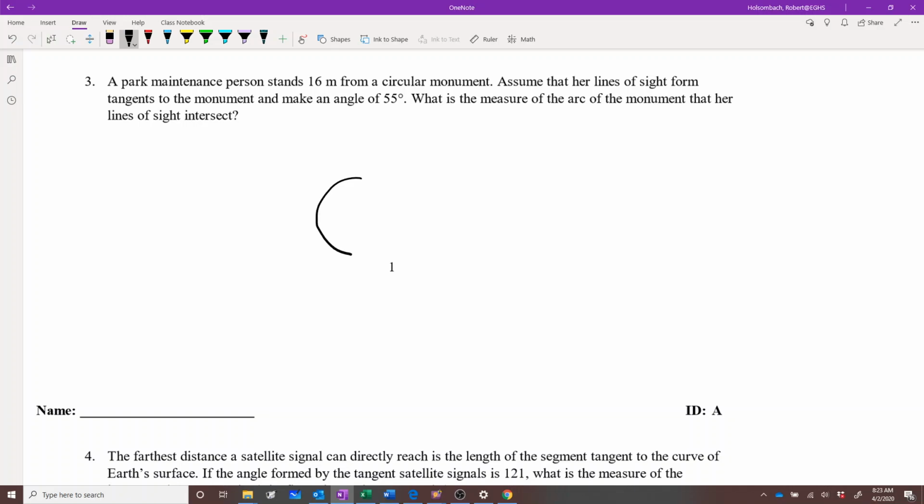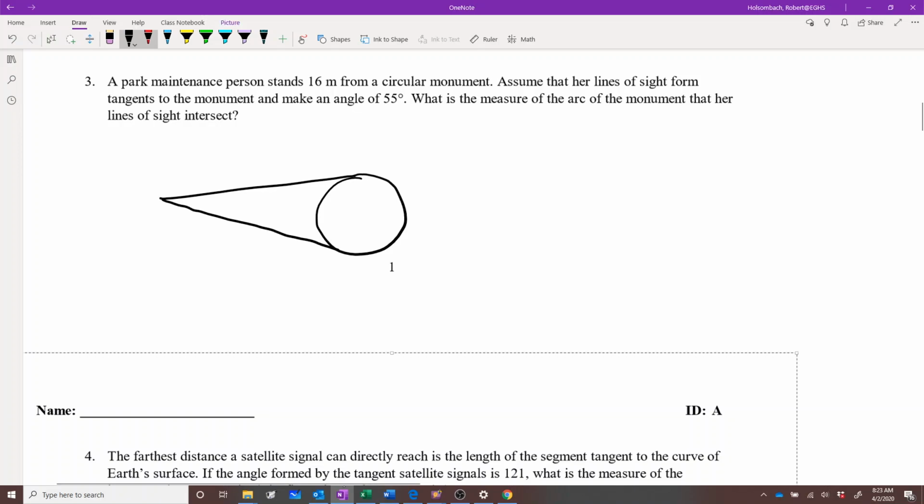We need our circular monument, and we need tangents to the monument. So here's our two tangents to the monument. Our tangents intersect the monument at, we can call it points A and B. Assume that our lines of sight form tangents to the monument and make an angle of 55 degrees.